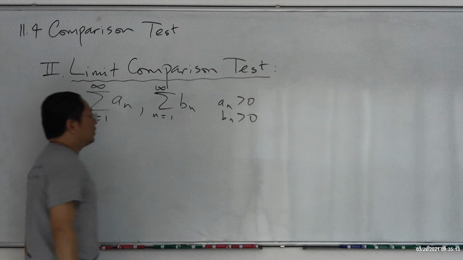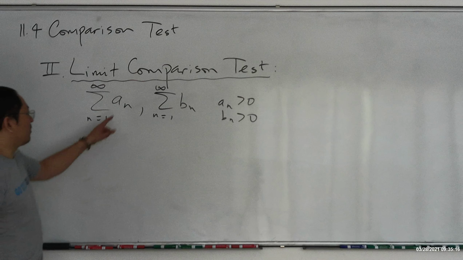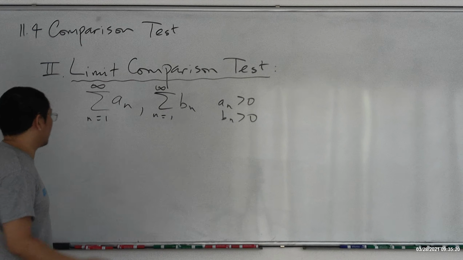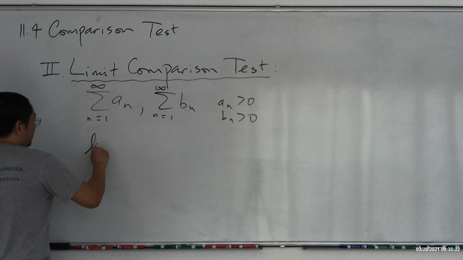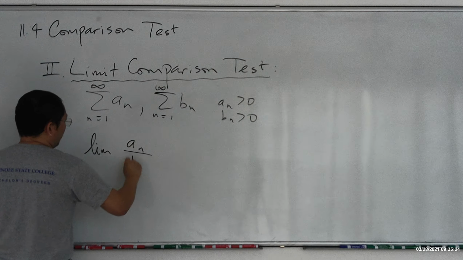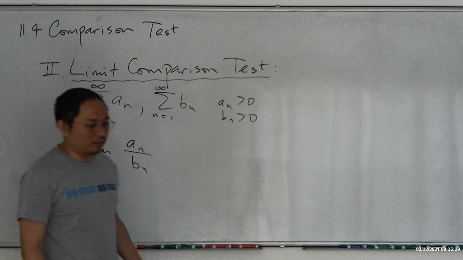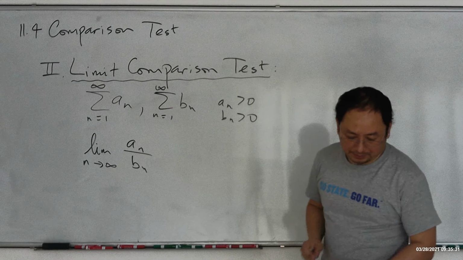So two positive series. Now instead of comparing AN to BN to see which one is bigger, I'm going to make a ratio. I'll take the ratio of AN over BN, and then take the limit of that ratio when n goes to infinity. You can do AN over BN or BN over AN, either way.